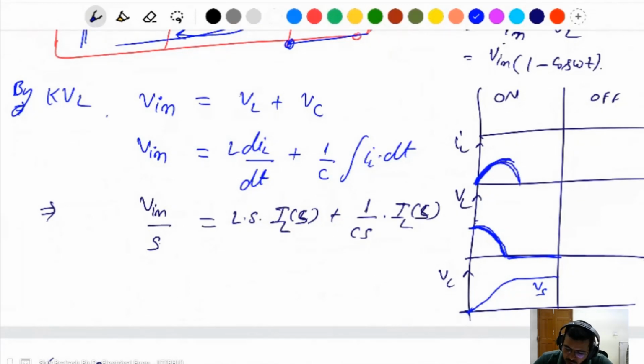The current will be fully 0 when the capacitor reaches the Vs value.